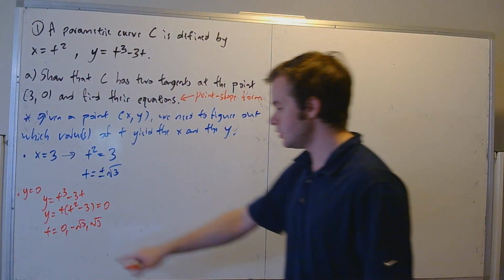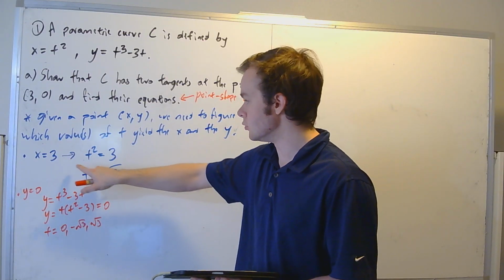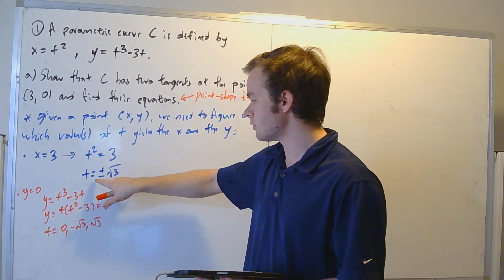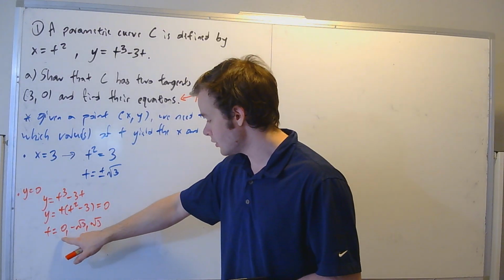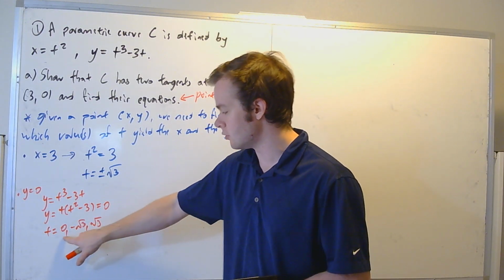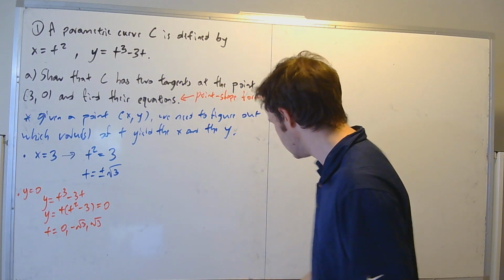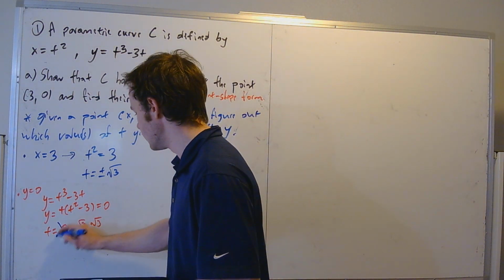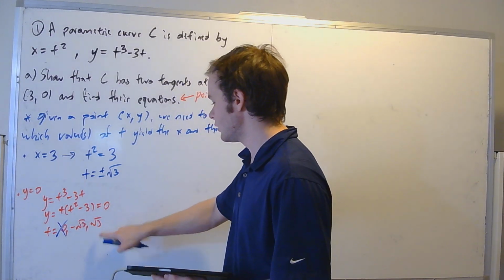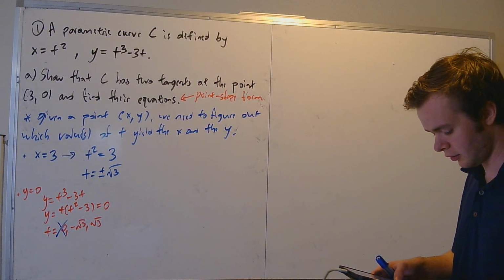But notice if t is equal to 0, then that doesn't satisfy the first condition, right? Because the first condition says that t needs to be equal to negative root 3 or positive root 3. The second condition says that t needs to be one of these three things. But since 0 doesn't appear in the first condition, we can eliminate that. Now we just have negative root 3 and positive root 3 for our values of t.